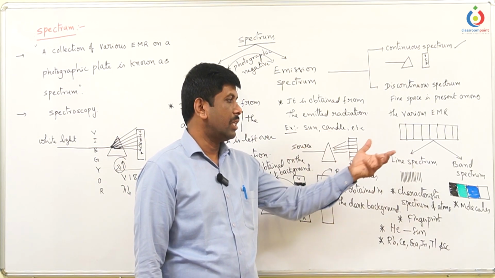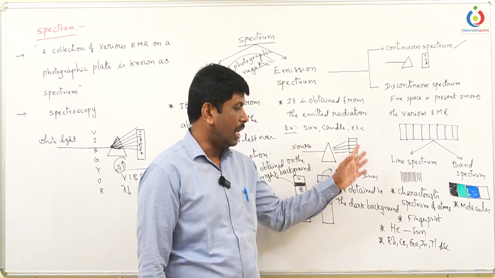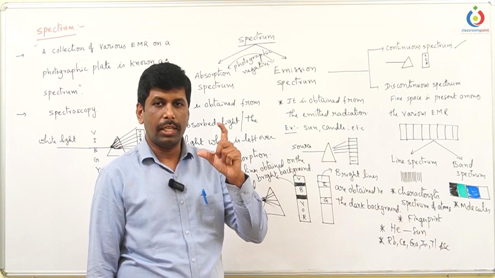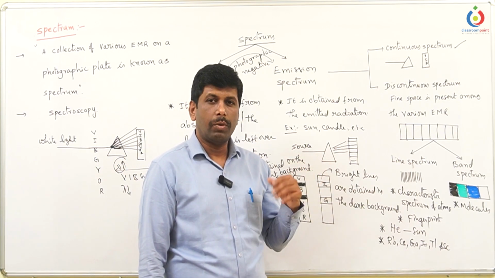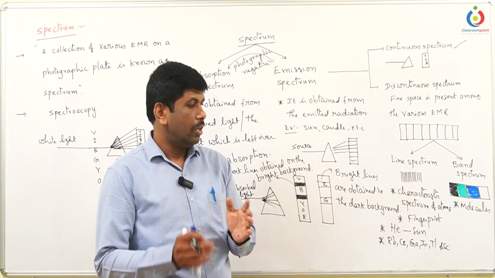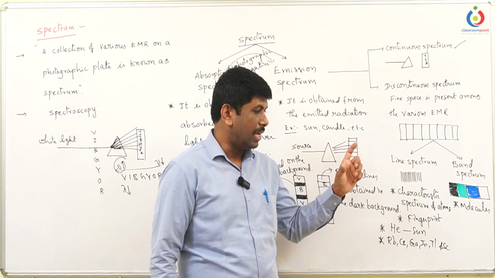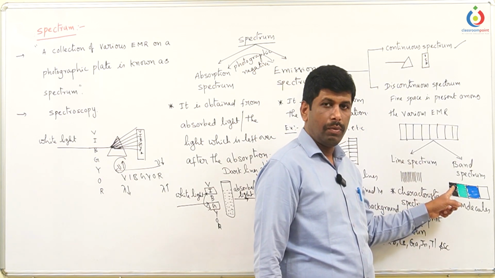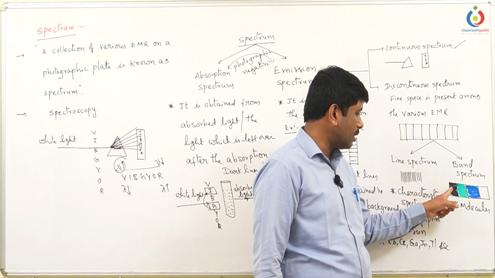So why are molecules giving the band spectrum and why are atoms giving the line spectrum? In an atom, a single one is present, whereas in a molecule more than one atom is present. So these atoms group together so that they can produce the bands. Here this band is coming from the merging of one atomic spectrum with another atomic spectrum.